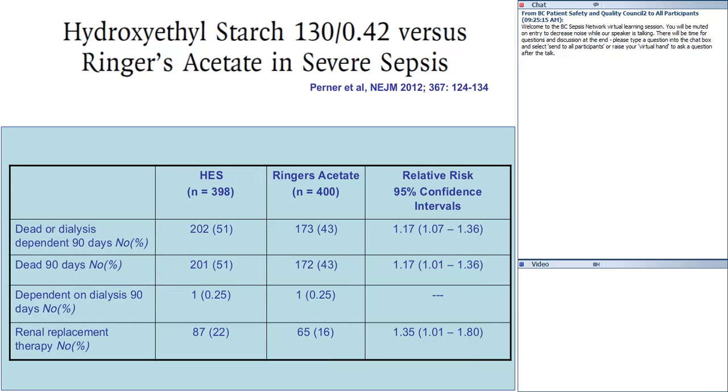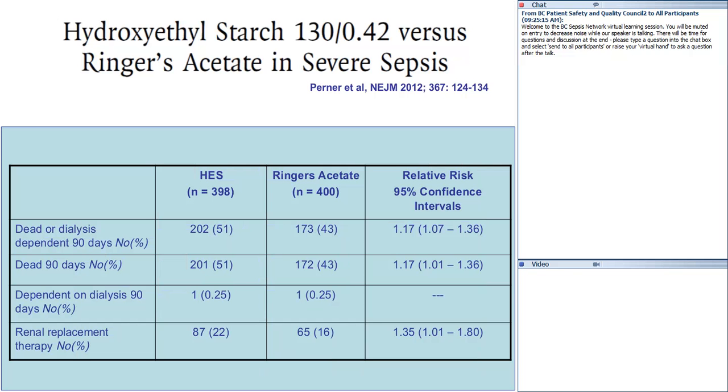With regard to their primary outcome of death at 90 days or dialysis dependence at 90 days, there was an 8% absolute increase in the risk of that primary outcome in the starch group as compared to the Ringer's acetate group. And all of that outcome was made up at 90 days of death.